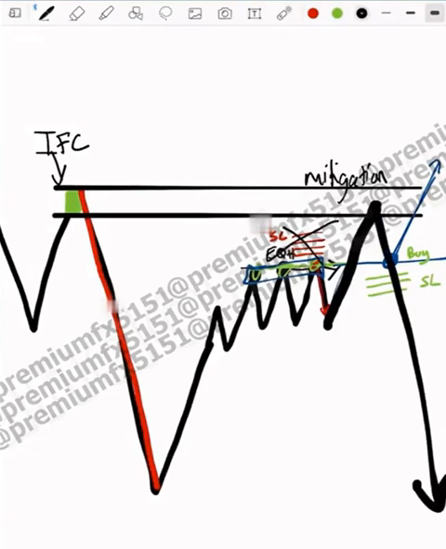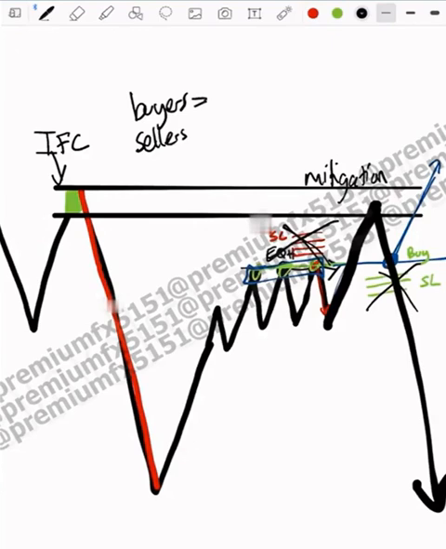So from an institutional perspective, what has happened? The institution has taken out liquidity of sellers because of these stop losses that were taken out. It has also taken out the stop losses of the buyers who were thinking of a break, retest, continuation scenario. Those buyers' stop losses are taken out. So what has happened? Buyers and sellers. Those are the only 2 situations in the market. You can either be a buyer or a seller.